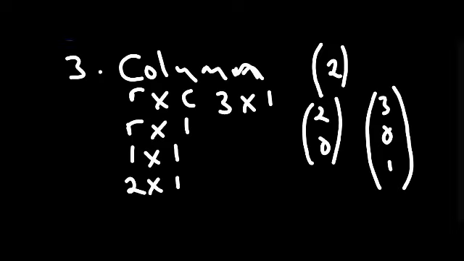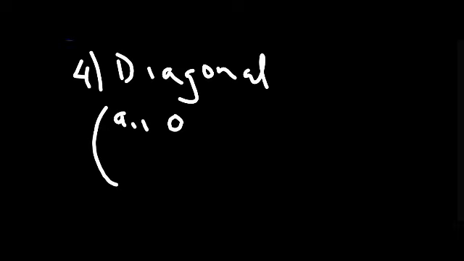Okay, then let's now go to the next one, which is called the diagonal matrix. So the diagonal matrix is just a matrix in which all non-diagonal elements are equal to 0. So if you have matrix A11, it means there you have 0, there you have 0, and up to the end you'll continue having zeros.